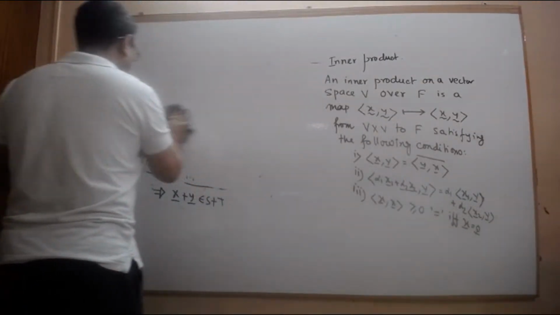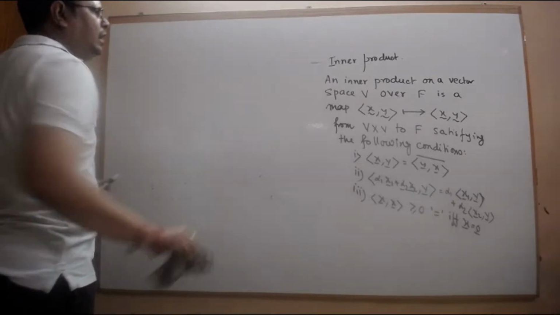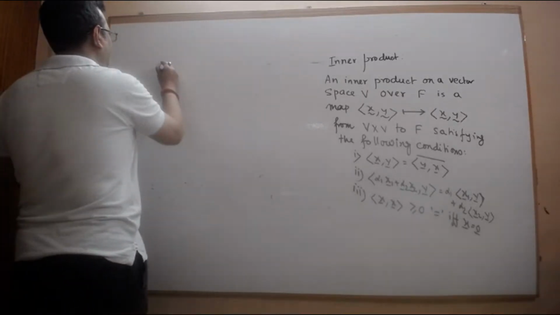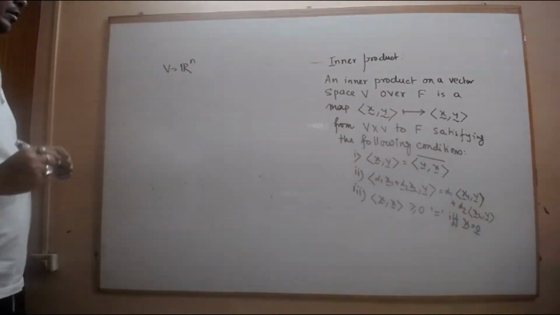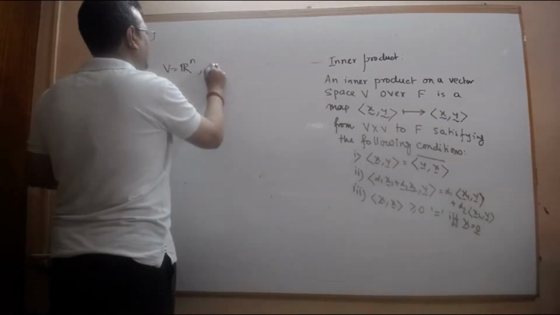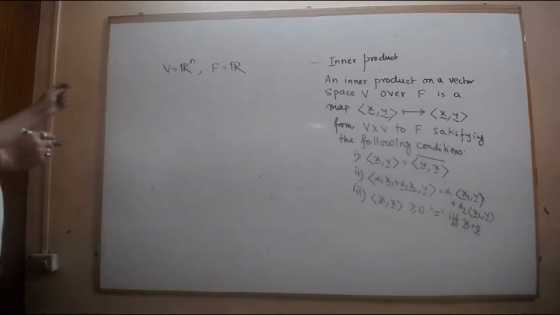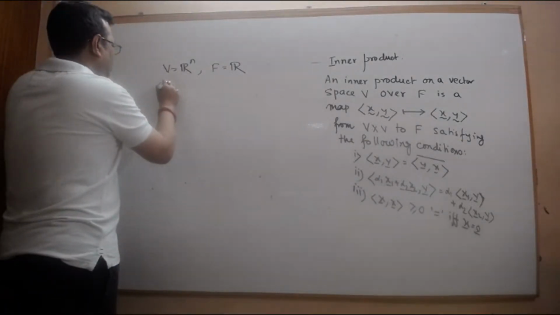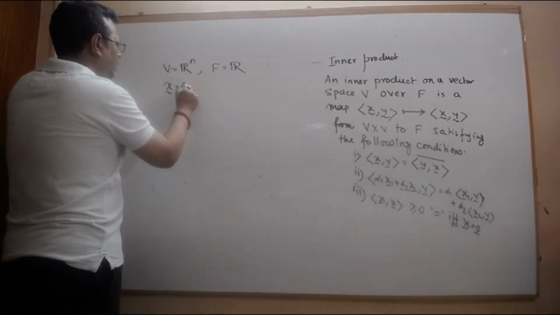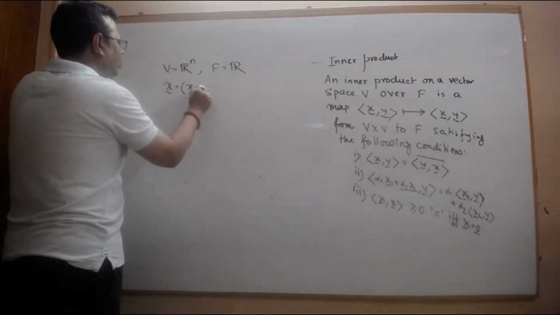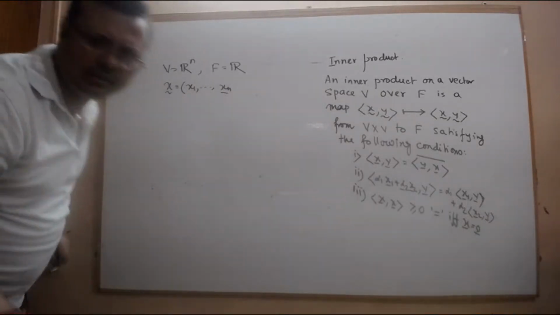In our situation, if you take V equal to Rn, and in our case I consider F equal to R, x⃗ is nothing but a point in n-dimensional space, therefore x contains n components.